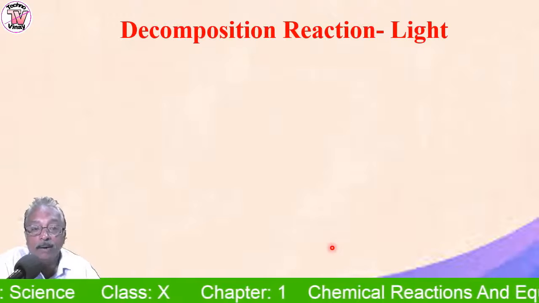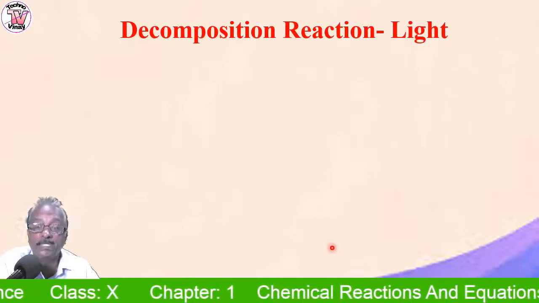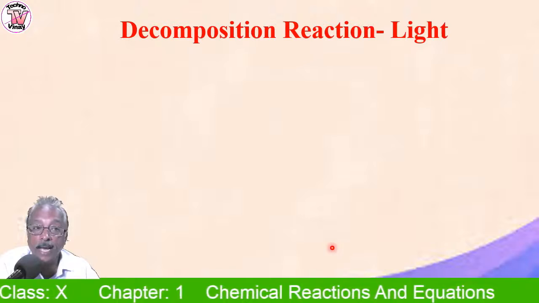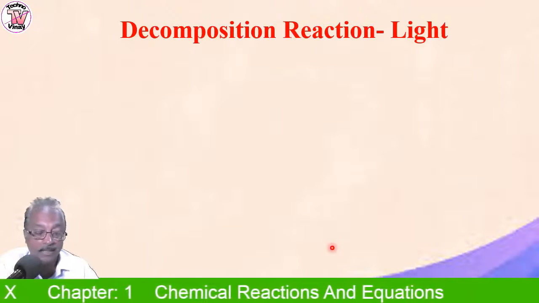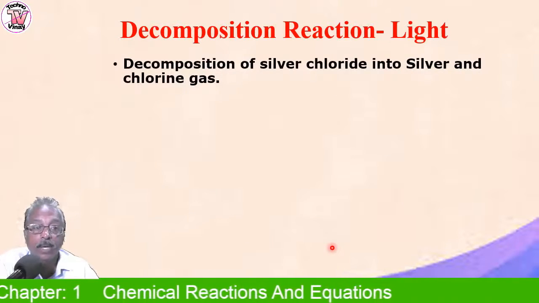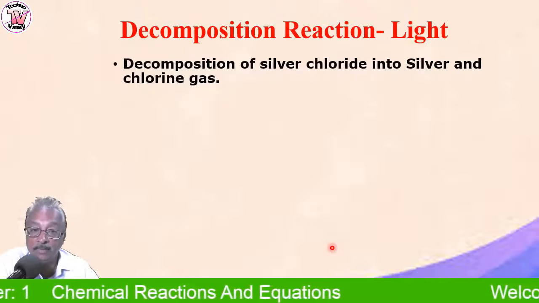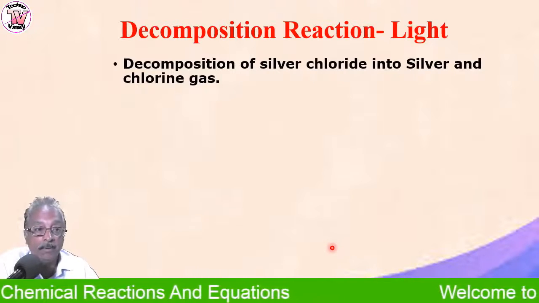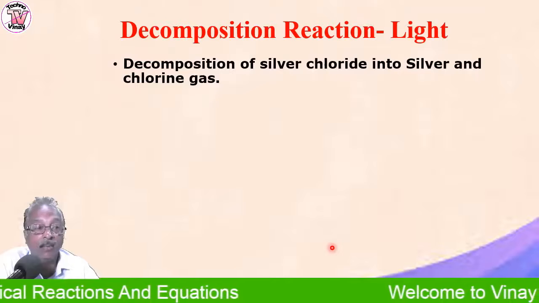Now, the second factor, decomposition reaction is also carried out in the presence of sunlight, that is light. Silver chloride, AgCl, is white in color.